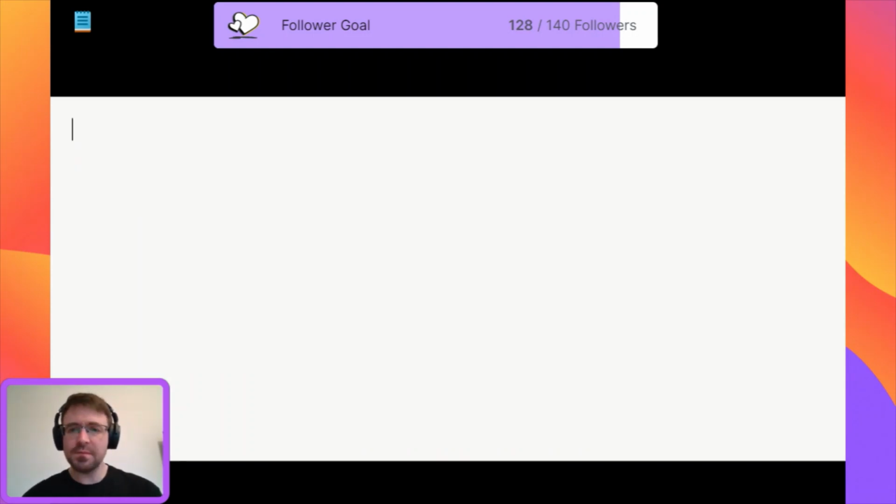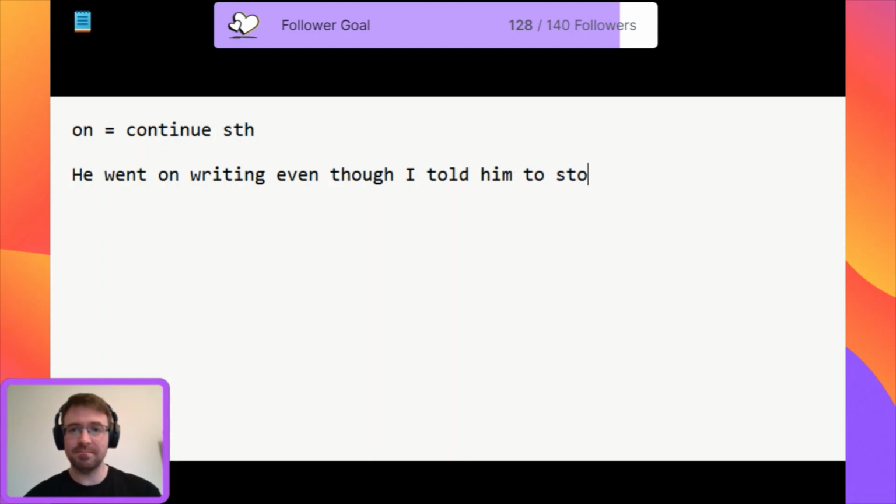Then another common preposition that we use is the preposition on, and this means to continue something usually. So for example, we can say he went on writing even though I told him to stop. So he continued writing.